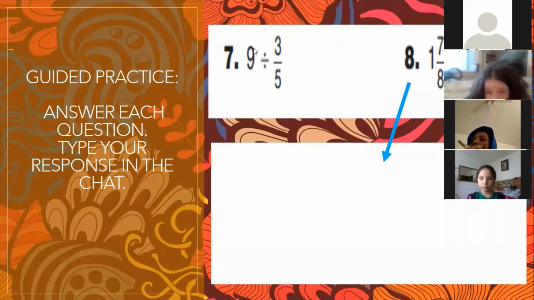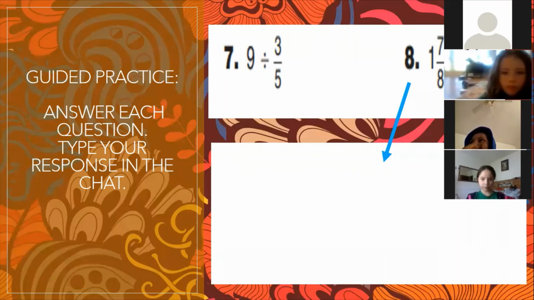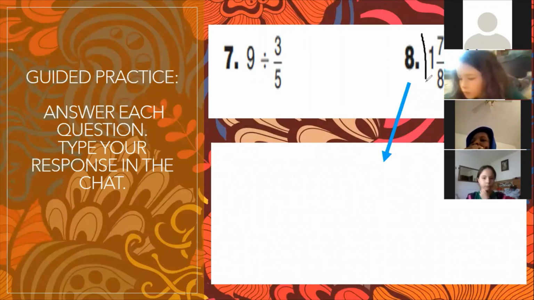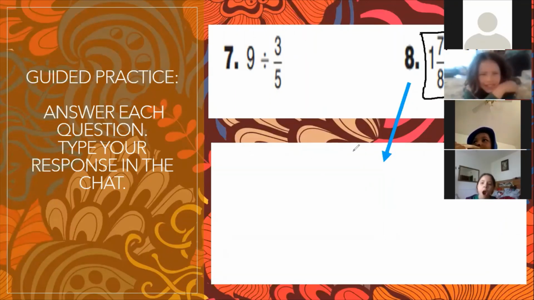I'm going to help you out with the first part here. How do I change 1 7/8 to an improper fraction? Times and then plus. I'm going to rewrite it down here, 1 7/8.